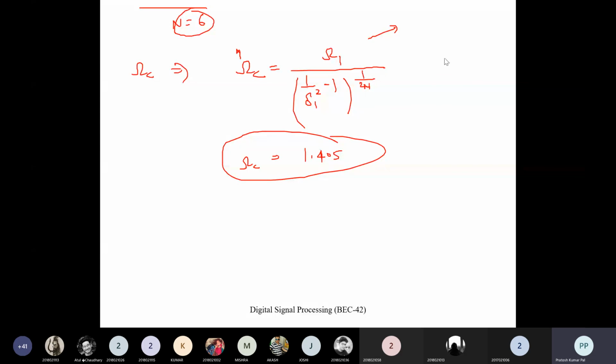These are basic questions, and you should not get confused between digital and analog frequency terms. Whatever specification is given, you need to find their respective frequency terms, and then you can use the formula directly to calculate the order of the filter and omega values.